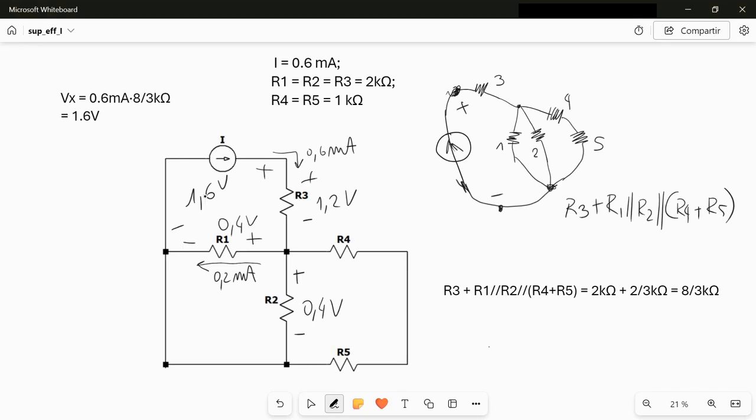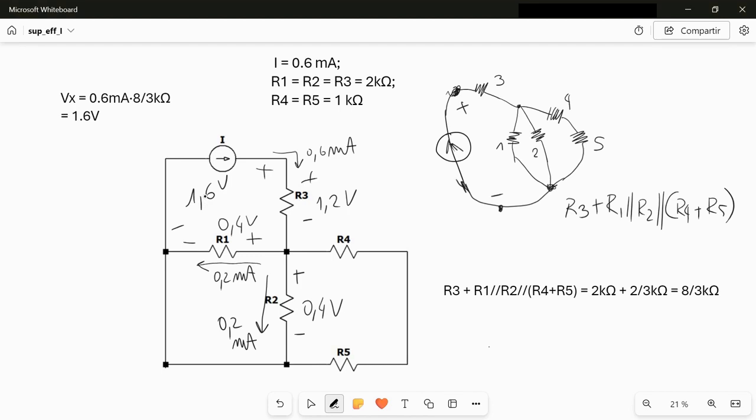And so the current flowing in R2, which is 2 kilo, will be 0.2 milliampere, because we know the voltage and we know the resistor.